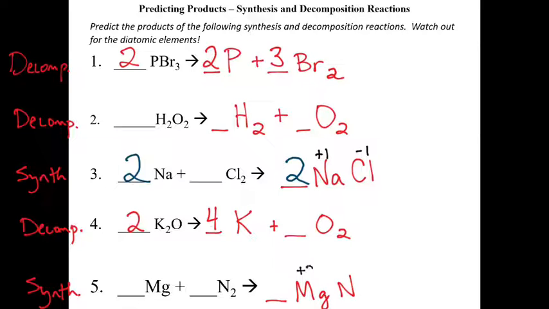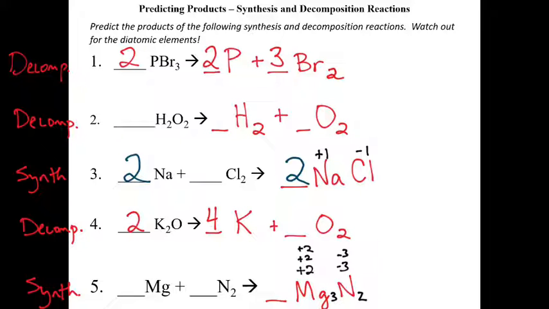What's the charge of a nitride or nitrogen ion? -3. Well, that doesn't add up to 0 yet. So, like we did a couple of weeks ago with ionic compounds, we have to put this together in a combination that adds up to 0. What do 2 and 3 have as a common multiple that would help us here? 6. So I could have +6 if I had 3 of the magnesiums, and I could have -6 if I had 2 of the nitrogens.